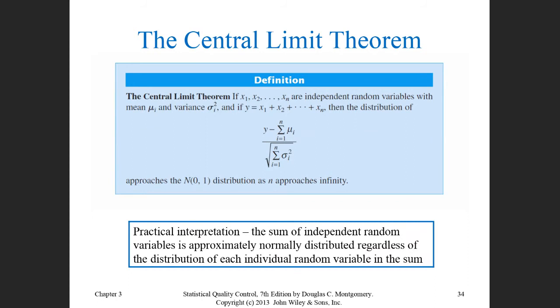The central limit theorem basically tells us that independent random variables can be approximately normalized using the central limit theorem. I believe you know what an independent variable is: the variable that affects the results when you change it.